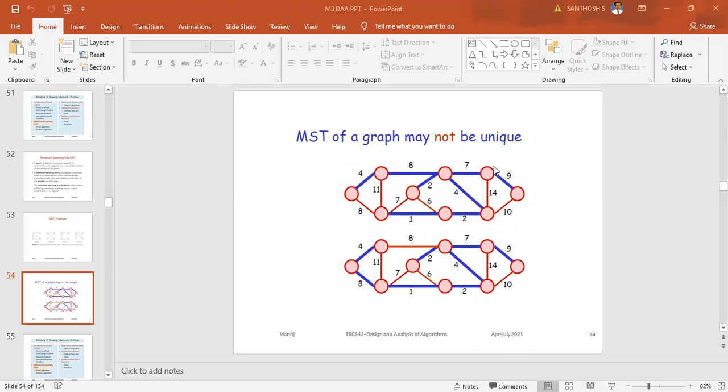So this is the path you are having, and that gives the minimum cost spanning tree. Okay, so this is the spanning tree.